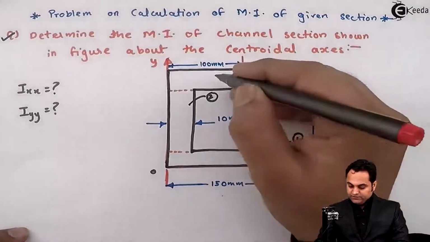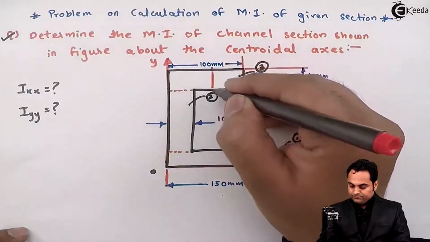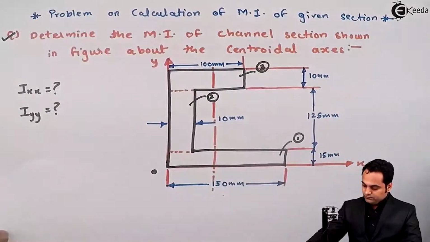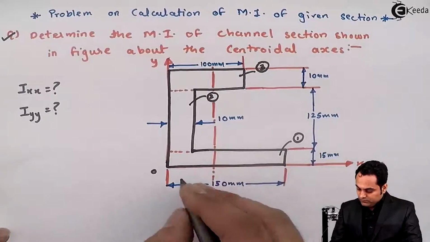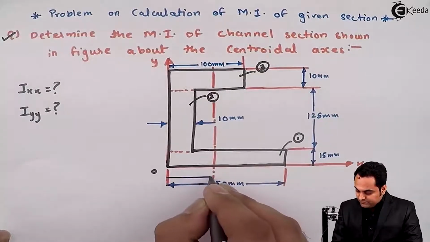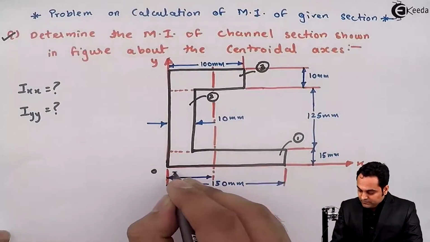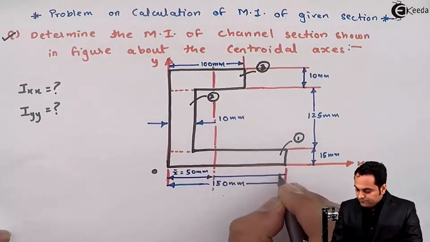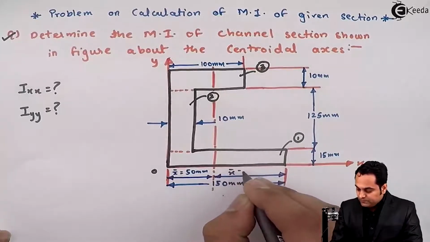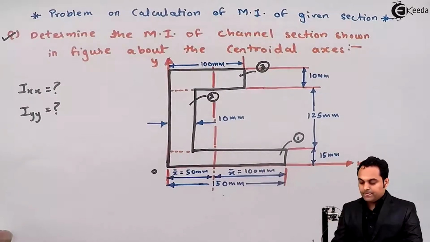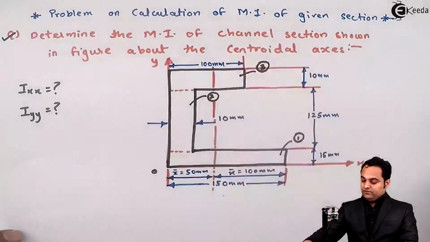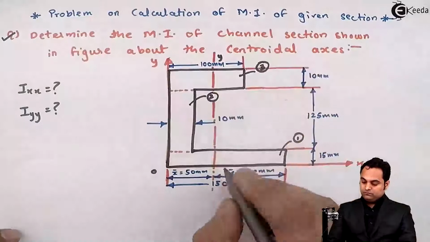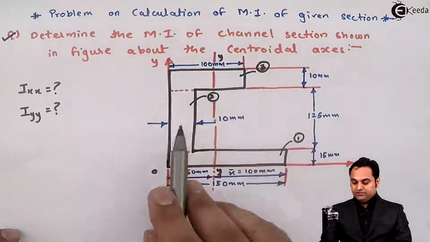Here we have 50, this is 100. This is the location of the y-axis at x bar equal to 50 mm, and from the right hand side it is x bar equal to 100 mm. So here we have the y-axis. This is the y-axis for the complete C section.